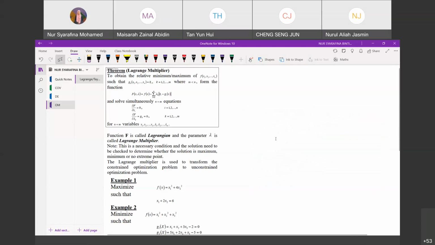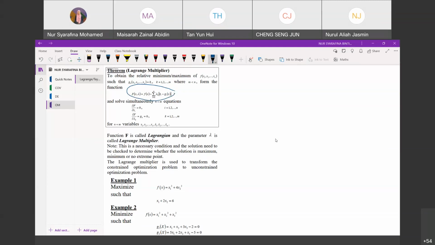So what is the Lagrange multiplier? As you can see here, the Lagrange multiplier is used to obtain the relative minimum or maximum of a function f, such that g_k equals b_k, where k goes from 1 to m. So this is the theorem of the Lagrange multiplier.